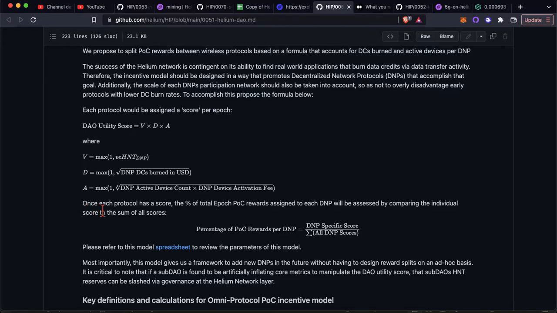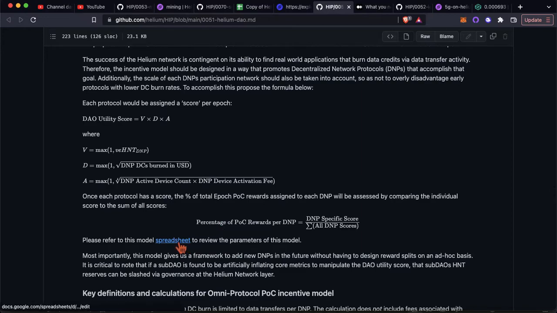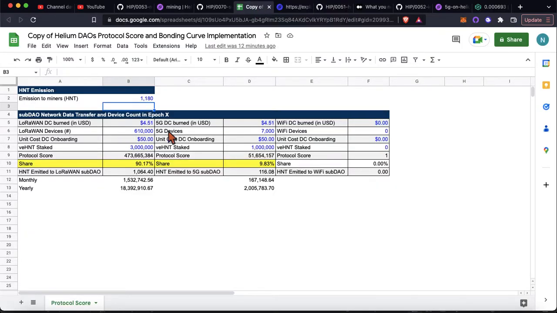Okay? So this spreadsheet, sorry, I kind of jumped to it a little bit out of order here, but that's what this spreadsheet is: how much data is flowing through each sub-DAO, how many devices are on each sub-DAO, how much did it cost to bring them on, and then how much VEHNT is staked.